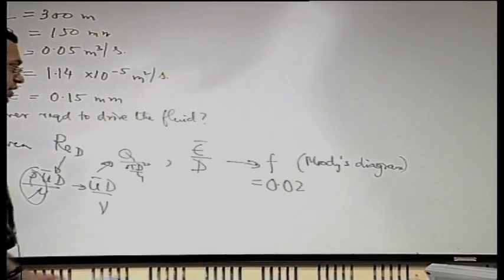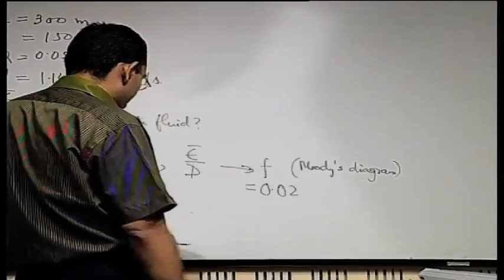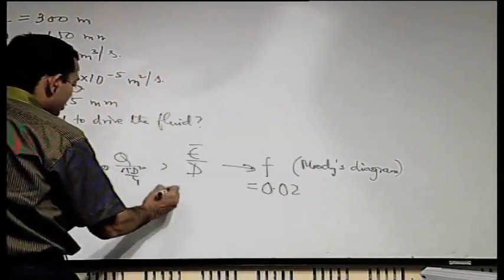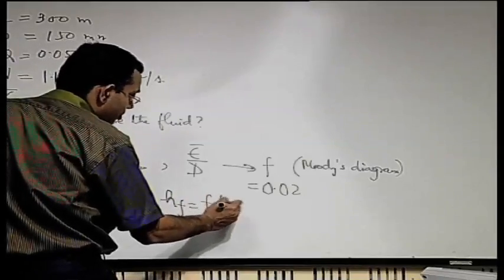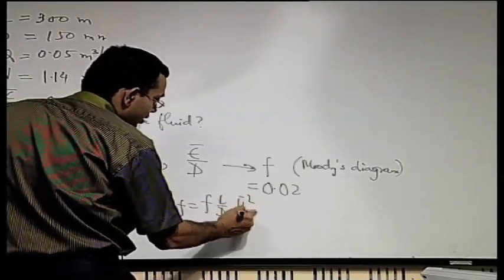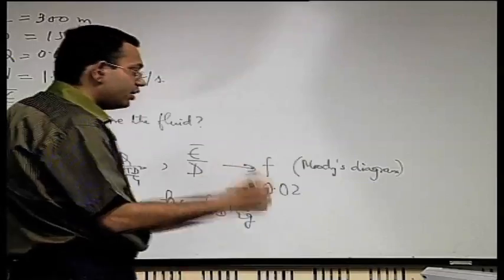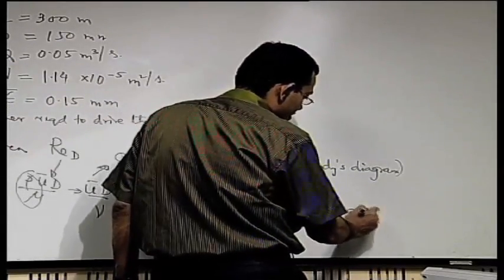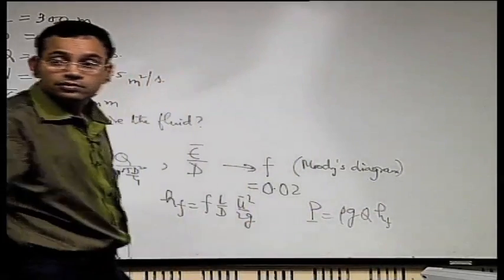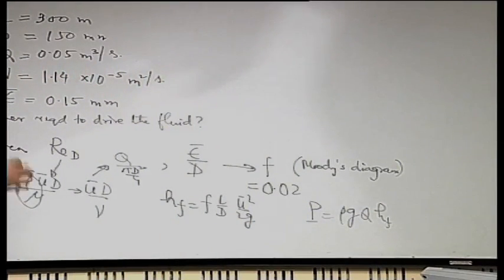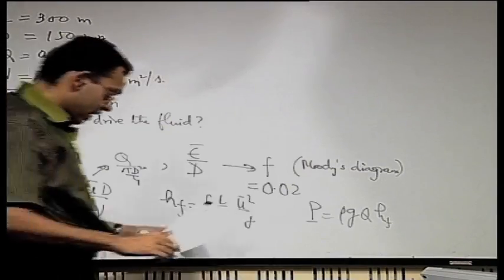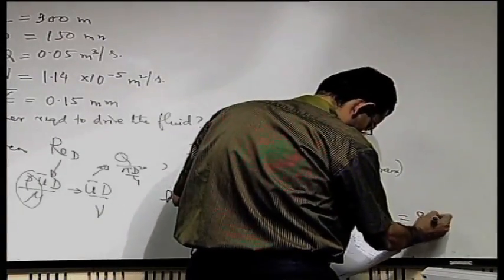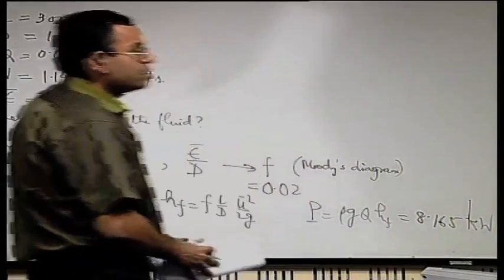Once you get the value of f, you can calculate hf as f L by d into u average square by 2g, and the power you can find out as rho g Q into hf. Here the power required is just the power required to overcome this friction, nothing more than that. So the answer to that is 8.165 kilowatt, that you can check later on.